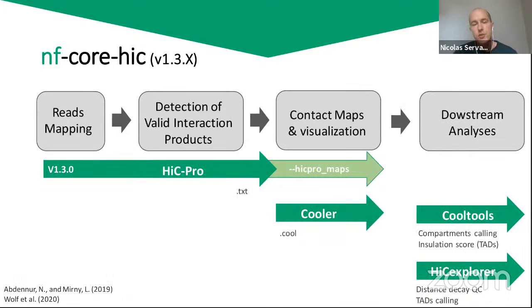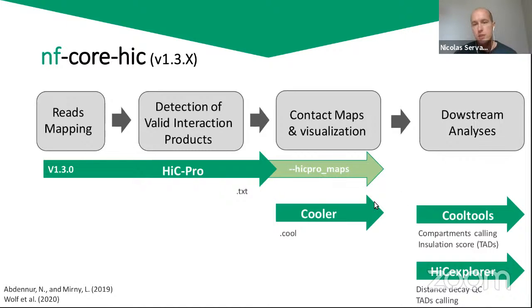Then from version 1.3, we started to move a little bit. Especially for the contact maps, we are now using the cool format with the cooler package. You still have an option for backward compatibility if you want to have exactly the HiC-Pro maps.